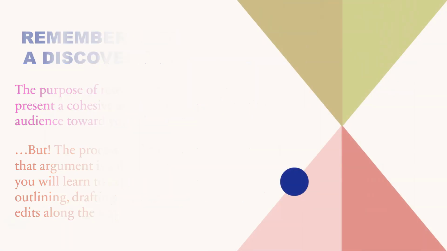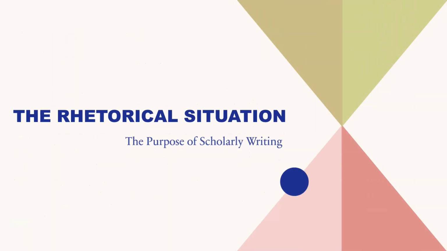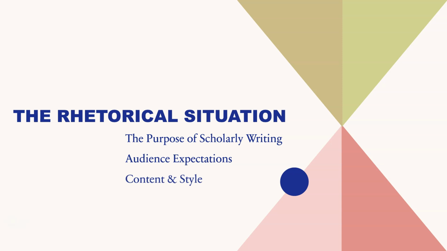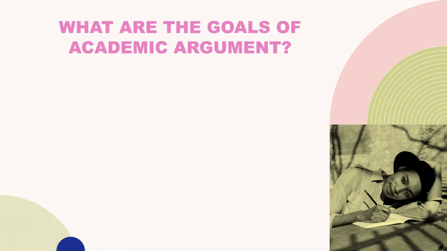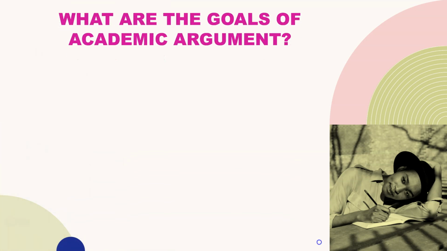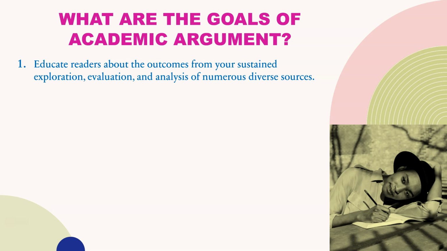So when we're ready to move on to the next topic, let's talk a little bit more about the rhetorical situation: purpose, audience, content, and style. Firstly, looking at the purpose of scholarly writing. The goals are, number one, educate the reader about the outcomes from your sustained exploration, evaluation, and analysis of numerous diverse sources.